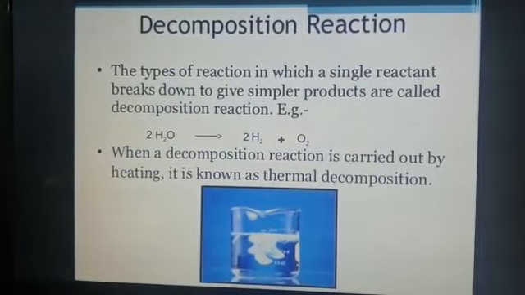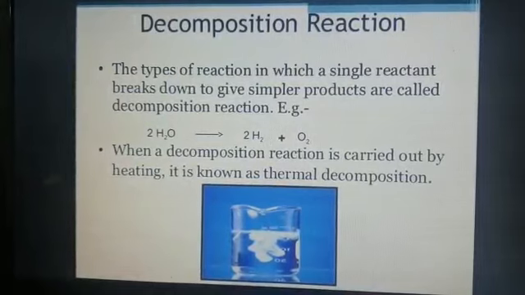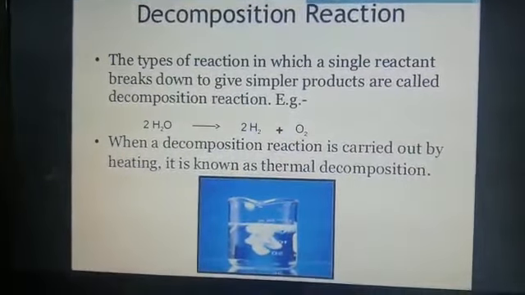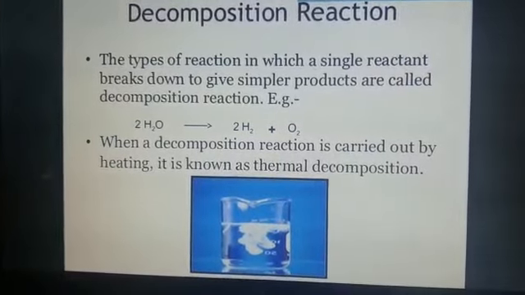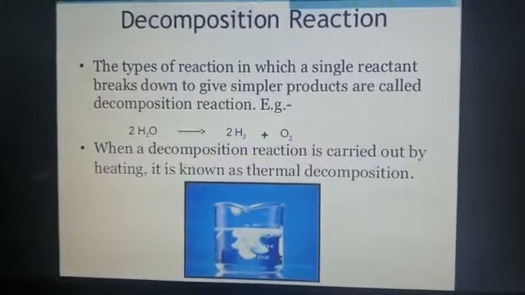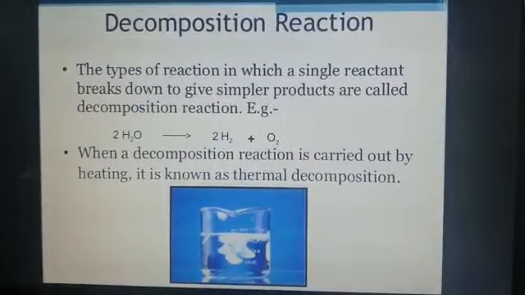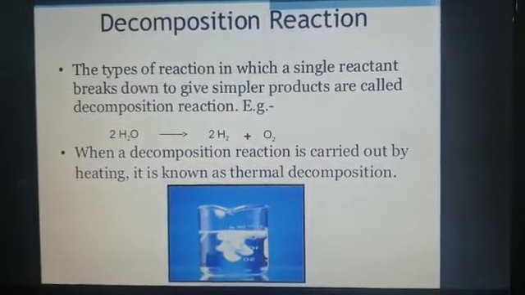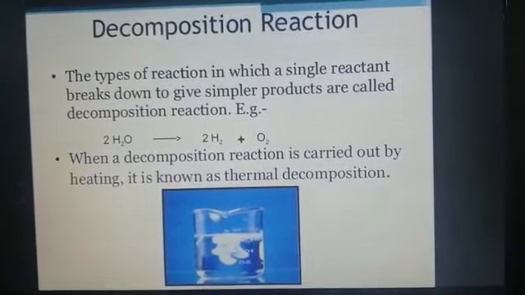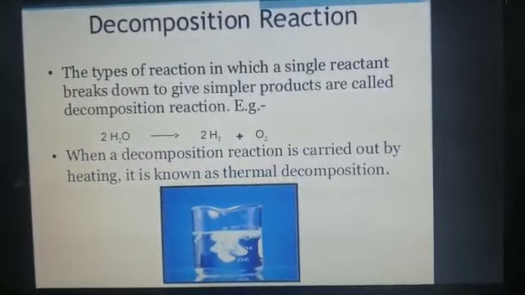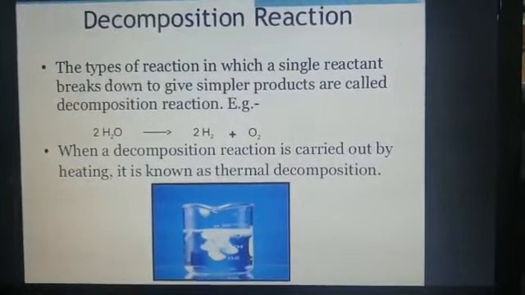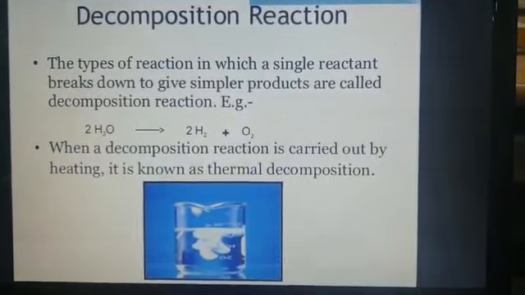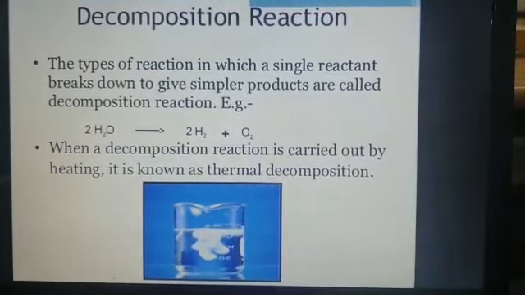So when the decomposition is carried out by using heat, it is called thermal decomposition. And when the decomposition takes place by using electricity, that is called electrolytic decomposition. And if the decomposition takes place by using light, it is called photolytic decomposition. Photo means light, lytic means breakdown.